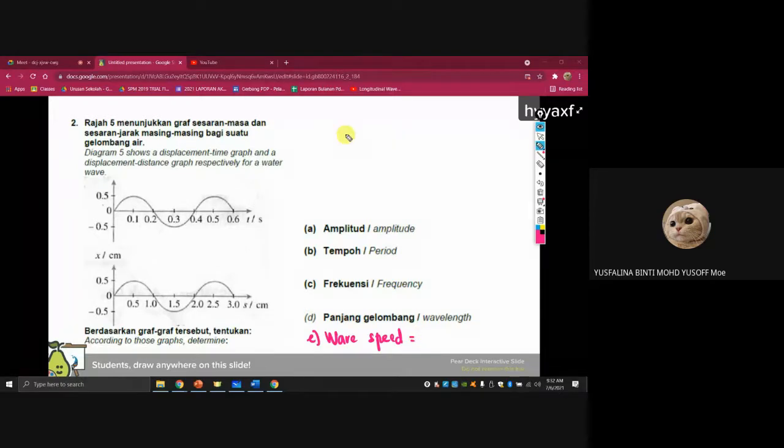The formula V is equal to F lambda. Remember, V is equal to F lambda is only for wave speed. You don't use it in linear motion. For linear motion you cannot use this one. You have to use V is equal to S over T.